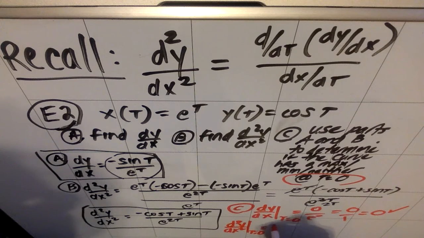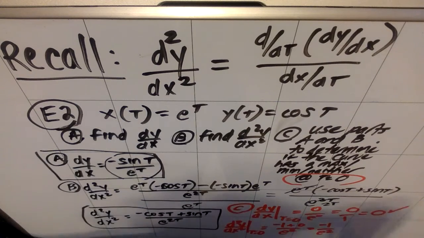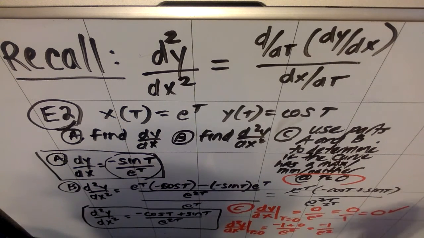When I plug that in, I get a negative 1 plus a 0 on top of an e squared. Well, that's a negative 1 over e squared. Now, I always tell my students you can't actually think of e as 3 because that's wrong. It's not a good approximation if you were actually trying to find a value for e, but if in your brain you're trying to think about what this number might look like, it's approximately negative 1/9.